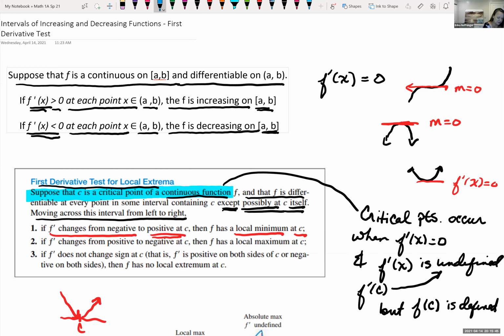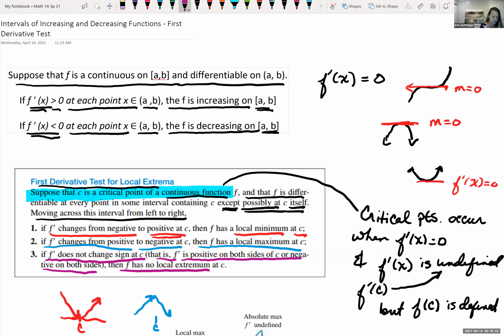If we go from the opposite direction, if our derivative was positive, we know our function is increasing from left to right, to negative. So at c, it's changing direction, and now it's going to be decreasing. Then we have a local maximum at c. If we find that the derivative doesn't change sign, that f prime does not change signs at c, that is, f prime is positive on both sides of c or negative on both sides, then f has no local extrema.